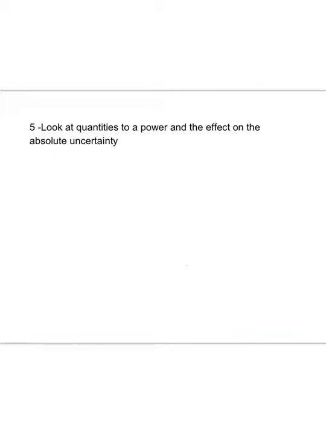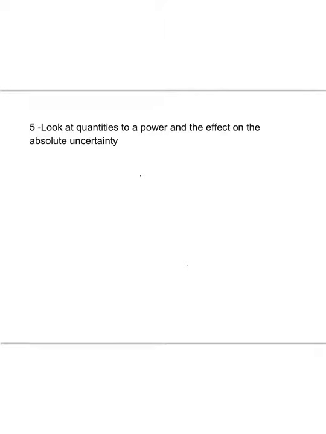So what happens to the absolute uncertainty of a quantity when that quantity is to a power? And I'll explain briefly why it looks the way it does, using an example. Let's say we need to work out A. Come on, my pen's not working.